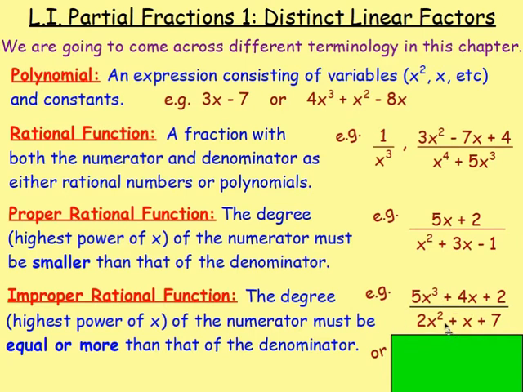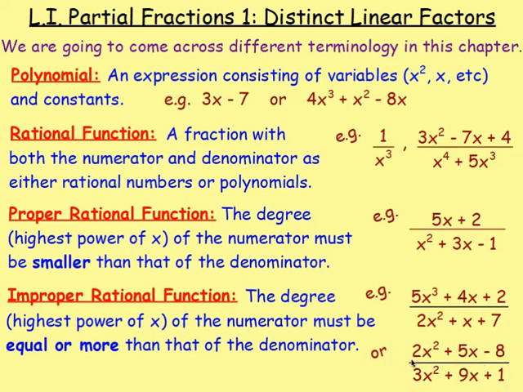The 3 is obviously bigger than the 2, so that would be an improper rational function. Or if we've got (2x squared add 5x take away 8) over (3x squared plus 9x plus 1), we can see the highest power in the top is 2, the highest power in the bottom is also 2. Because they are equal, x squared and x squared, we know that is an improper rational function.